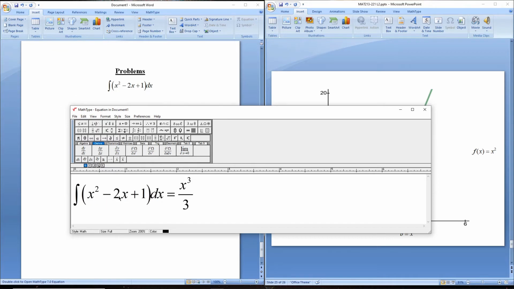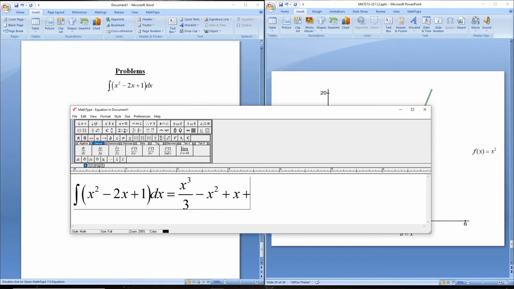Let's look at the second term. What function has a derivative 2x? Well, that's x squared. The derivative of x squared is 2x. And now what function has a derivative of 1? Well, that's just x. The derivative of x is 1.